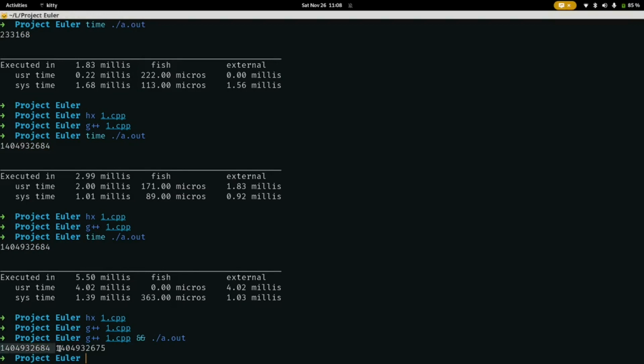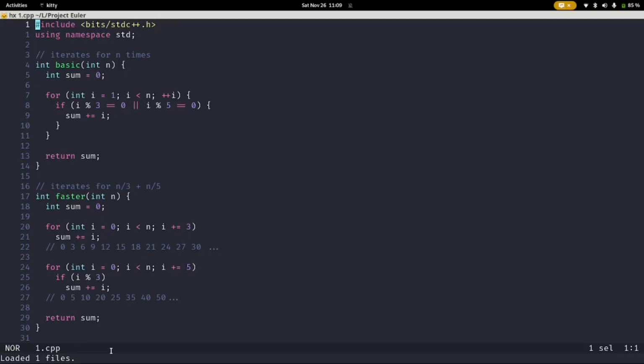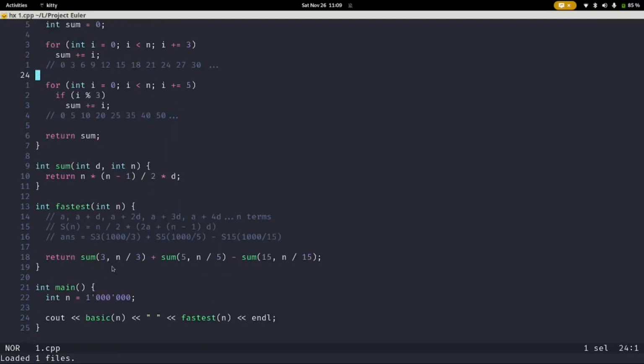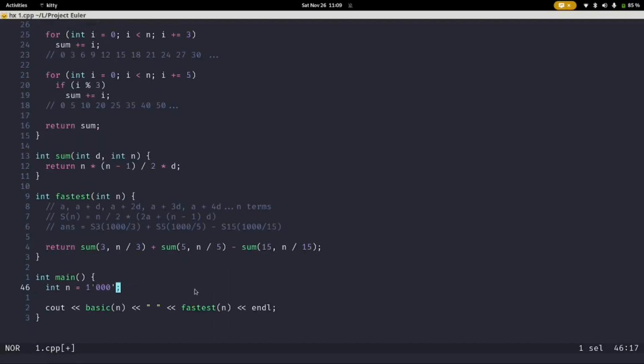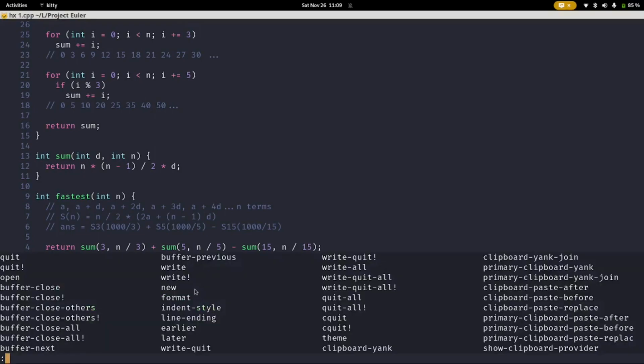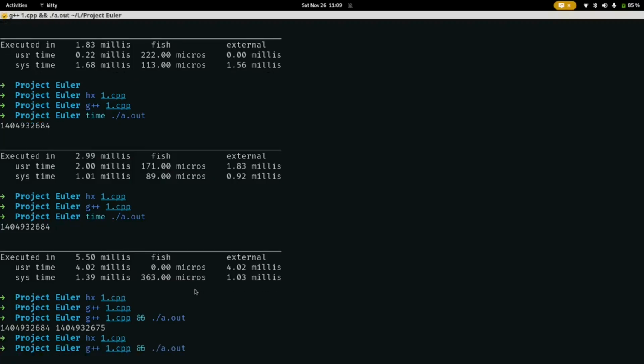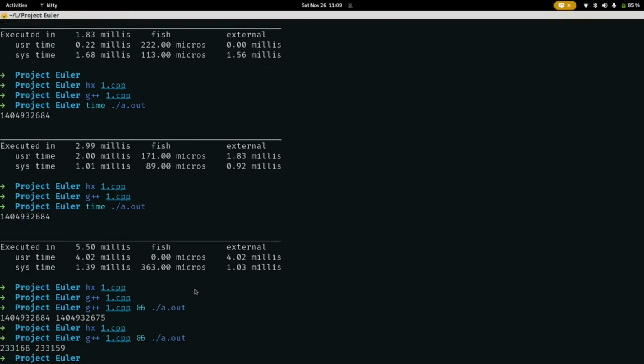But as you can see, the values are not correct. There's a difference between these answers. It says 1014932684 and 9322675. Let's do it for 1000 and see where we are going wrong.